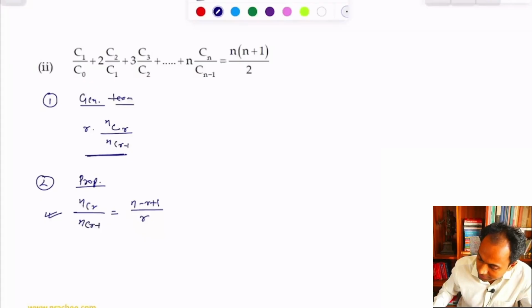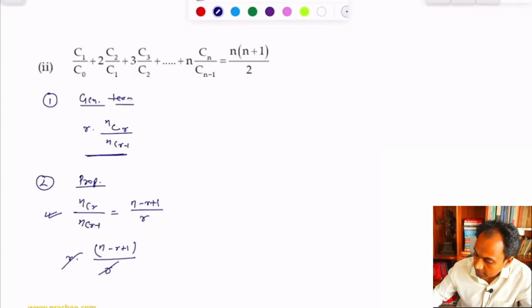Now, once you have applied this property, this will become r into n minus r plus 1 divided by r. This cancels out. And in the third step, we are going to apply summation over it. You can see that the summation, the value of r starts with 1 and goes till n, for n plus 1 minus r.